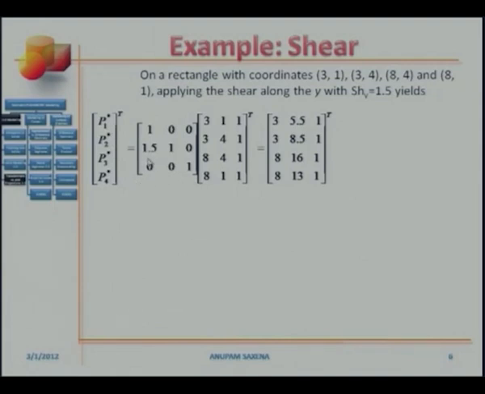Note that this is the shearing factor that appears over here, and this common shear matrix will be pre-multiplying the original coordinates. The results are (3, 5.5), (3, 8.5), (8, 16) and (8, 13). The new coordinates after shear transformation along the y direction is performed.